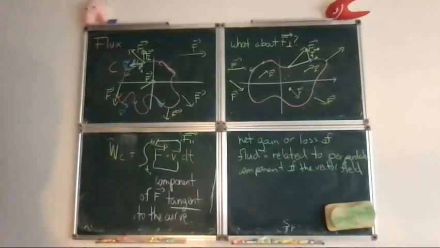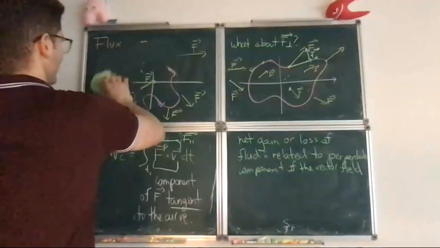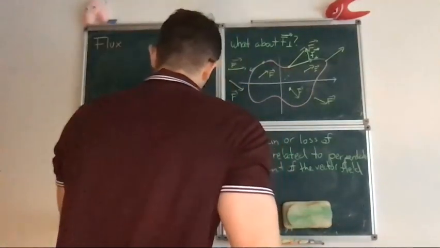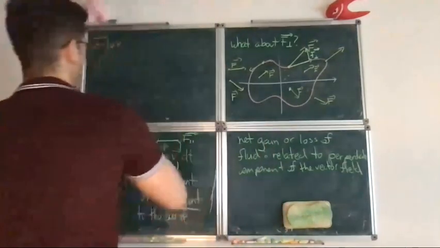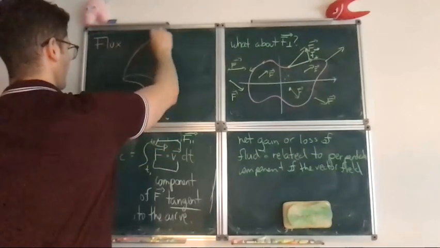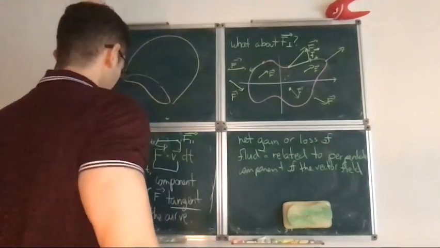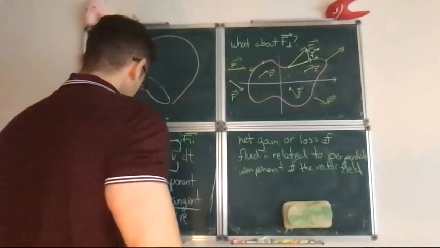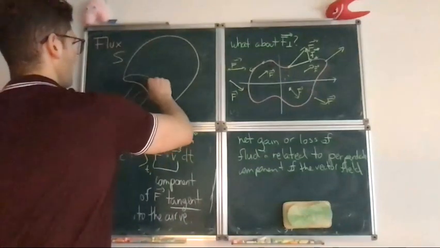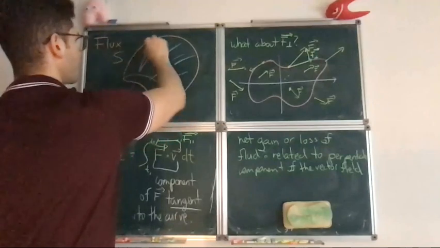In other words, and this is the concept of flux, you could have some surface, and some liquid, some fluid going through the surface.